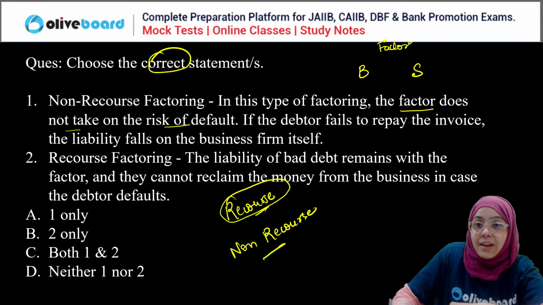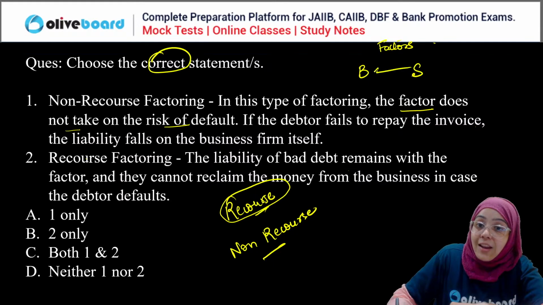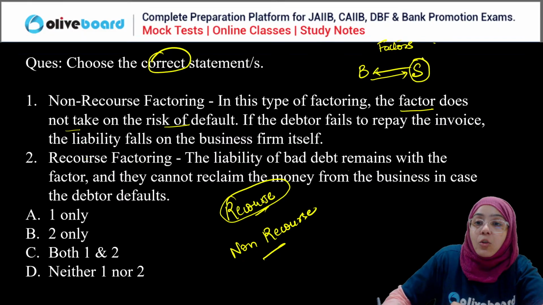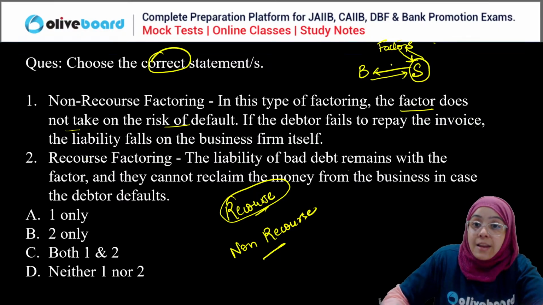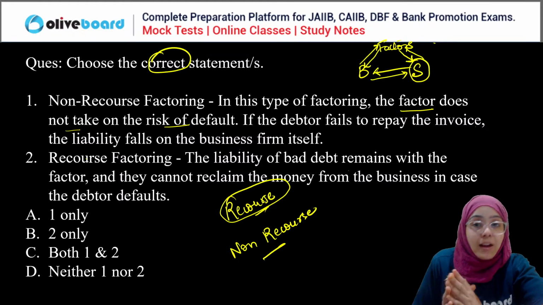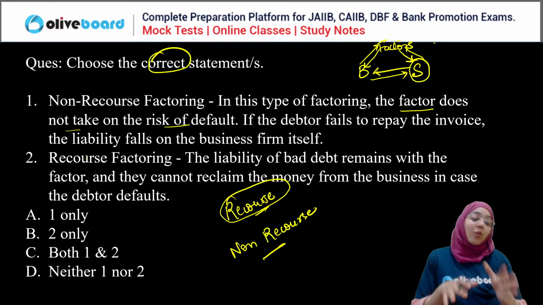Now just listen carefully. The seller sells goods to the buyer, and the buyer promises to pay. Now the seller has a bill of exchange and wants immediate payment, so goes to a factor and presents the bill. The factor gives immediate payment and factors the bill. Later the factor sends this bill of exchange to the buyer, and the buyer pays the factor. Now what is recourse and what is non-recourse?